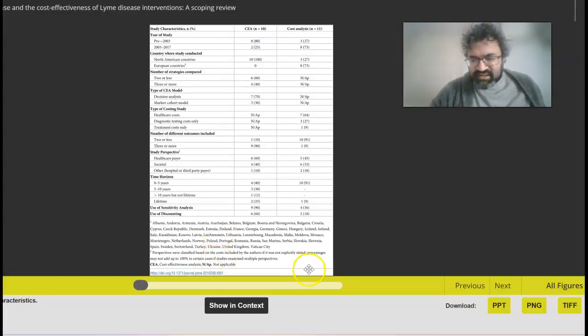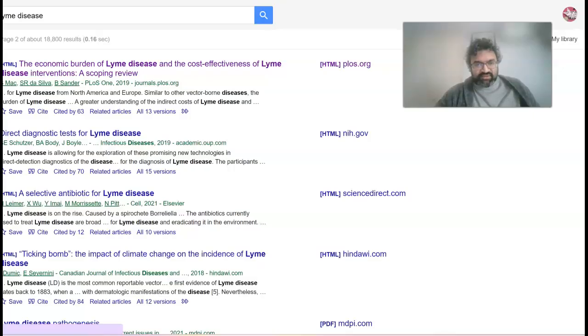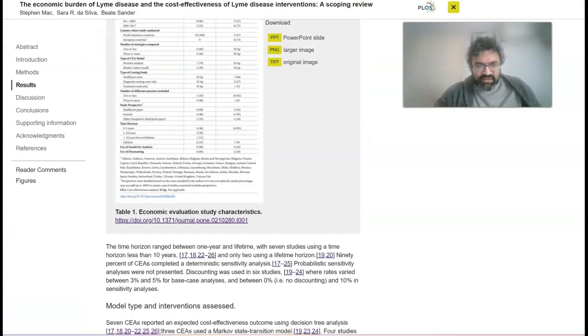So just looking at this closely, study characteristics: North American countries versus European countries, and number of strategies, 2 or less and 3 or more, and that's how this is divided. Again, you always have the opportunity to look on your own time.